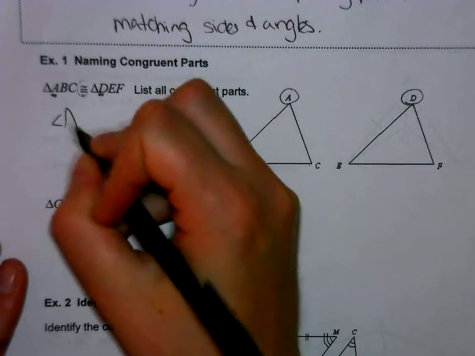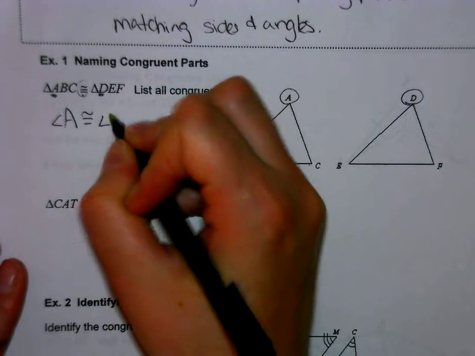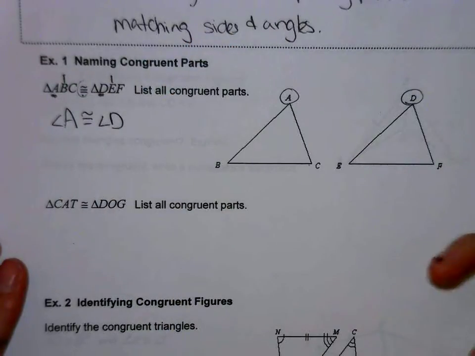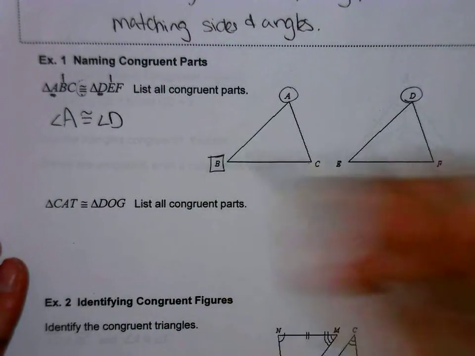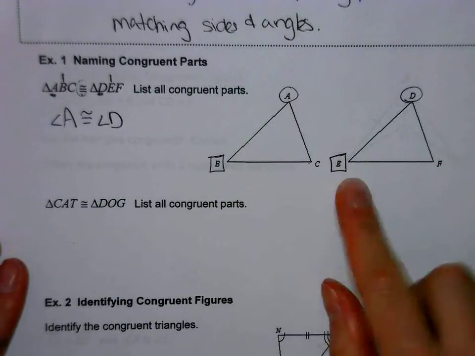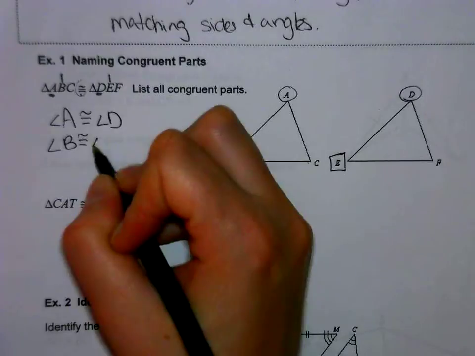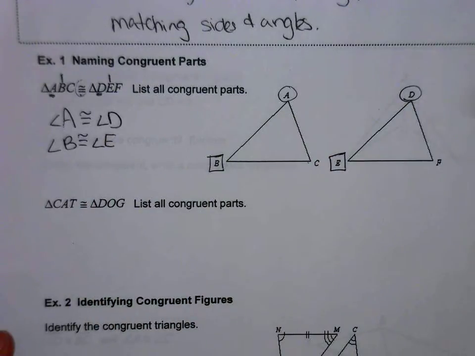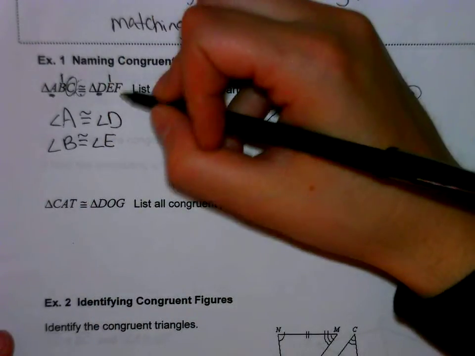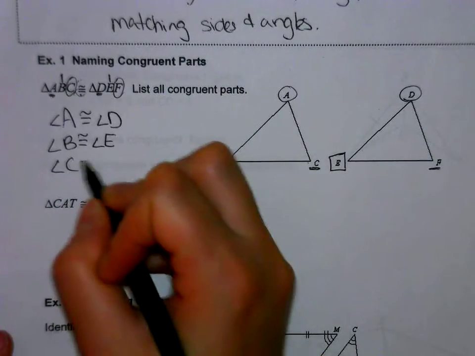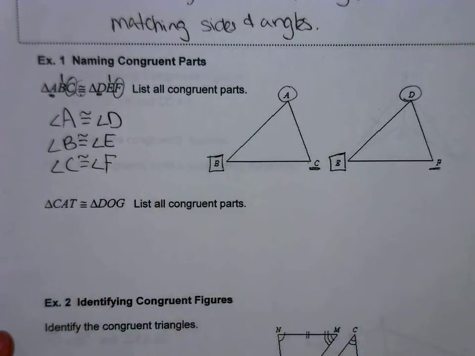So angle A is congruent to angle D. B is next, as well as E. So B and E are matching, they are congruent, so angle B is congruent to angle E. And lastly, C and F are congruent, so angle C is congruent to angle F.